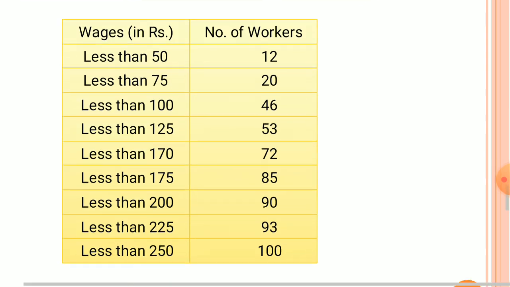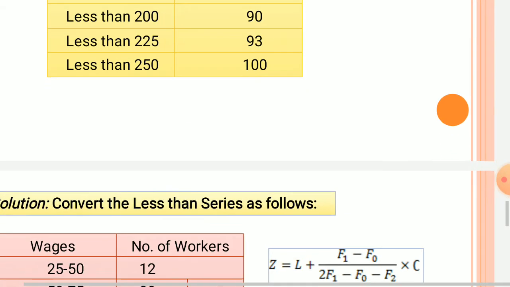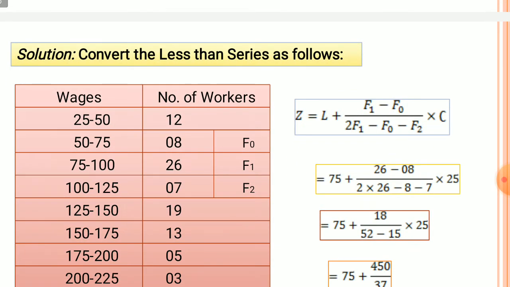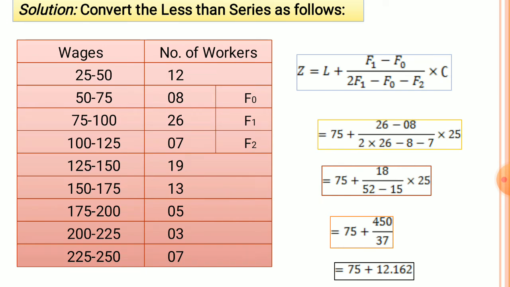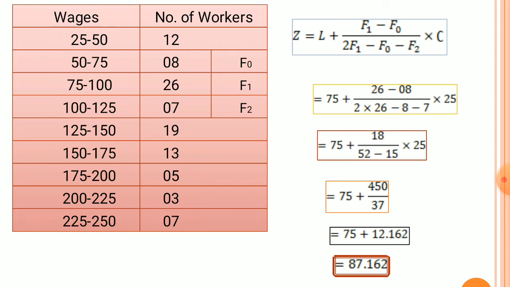Now, after converting less than cumulative frequency into an ordinary frequency distribution, a class interval plus ordinary frequency, then locate which is the highest frequency.